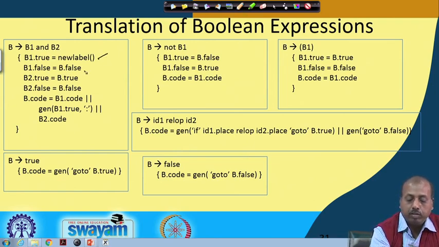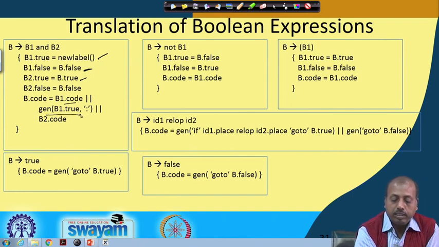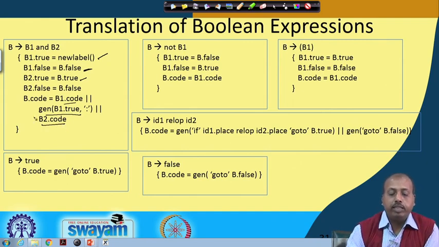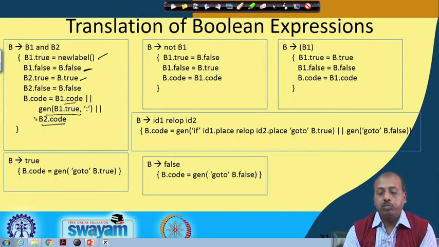That means it is a short circuit. Then B2.true is B.true, B2.false is B.false, then B.code is the concatenation of B1.code, then this particular label B1.true colon, and then B2.code. That way I can have this B1 and B2.